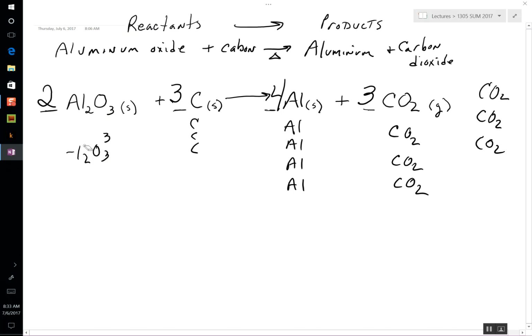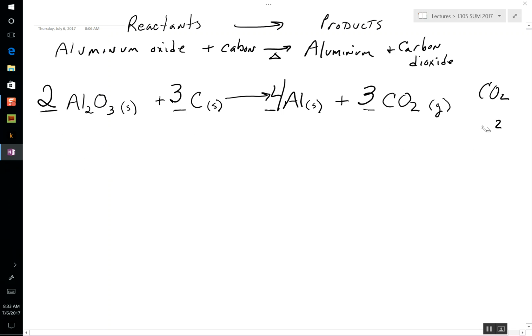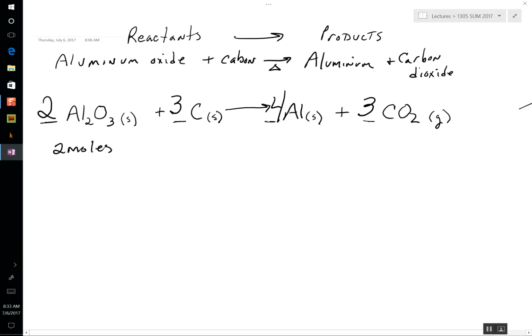So the way we really do read this and use it is this. We say that 2 moles of aluminum oxide reacts with 3 moles of carbon to produce 4 moles of aluminum and 3 moles of carbon dioxide.